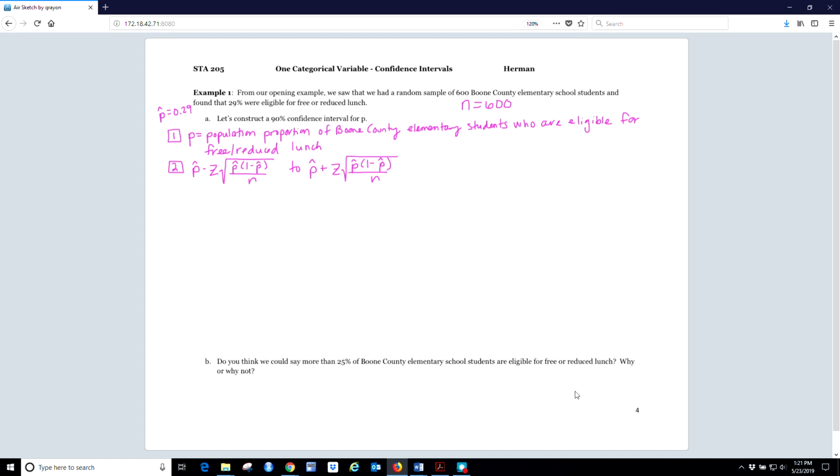Now for my conditions, let's look at our sampling method. All right, I don't know anything bad about how they chose those 600 students, so that seems okay. My N times my P hat, I already have both of those labeled, so we're good to plug those numbers in.